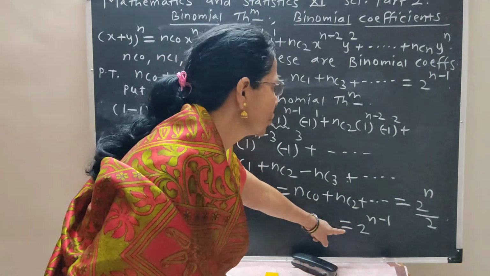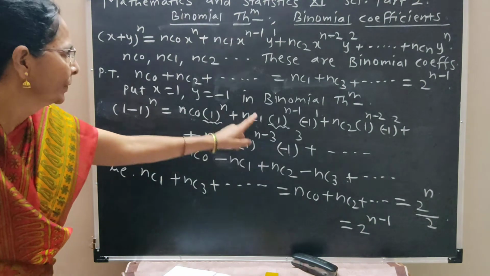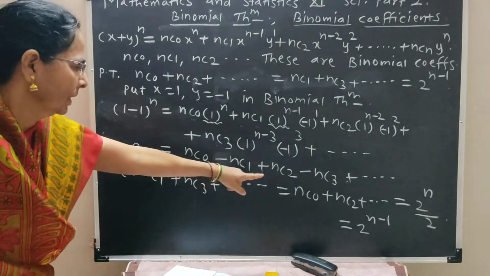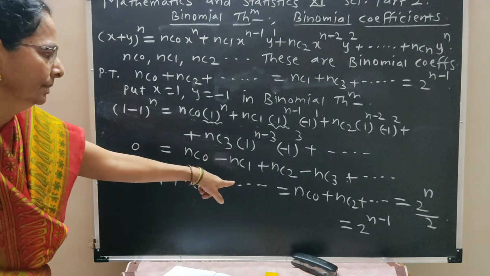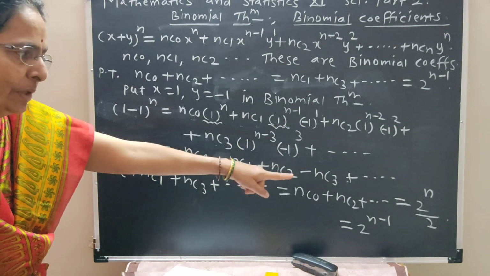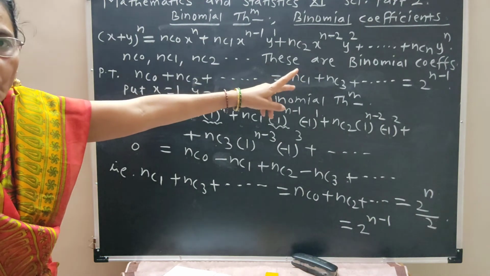This we want to show: nC0 plus nC2 plus dot is equal to nC1 plus nC3 plus dot, which is equal to 2 raised to n divided by 2, that is 2 raised to n minus 1.